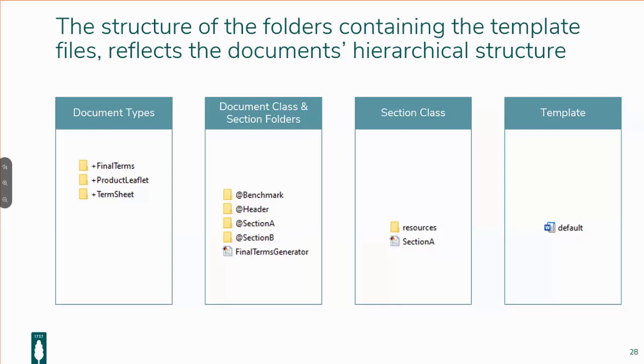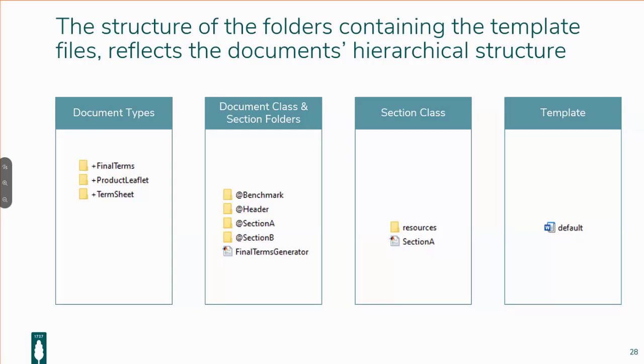In the first layer, for each section of a document, we have a separate subfolder. And we have a so-called document class, which is represented by the final terms generator on the slide here. And each of these section folders consists of two separate subparts, being the resources folder and the section class. And the resources folder is the folder which contains the Word templates.